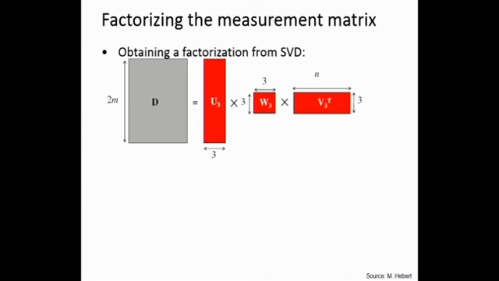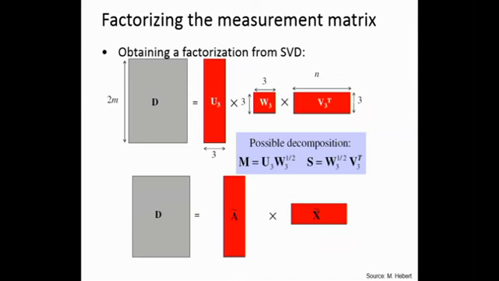So now I've got this factorization, and I can create some initial estimate of my affine matrix and my 3D points just by pre-multiplying or post-multiplying by W square rooted. W is just a diagonal matrix, so the square root is just the square root of the elements, which will all be positive.